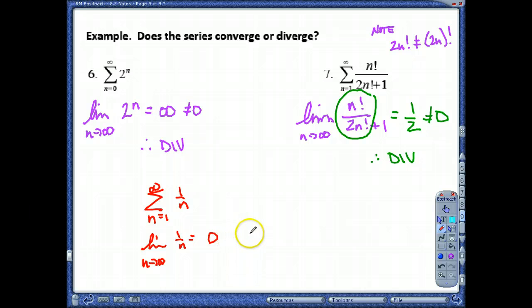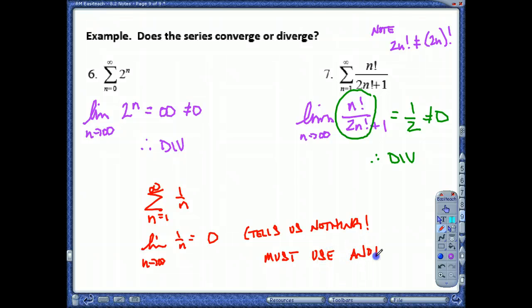Okay, this tells us nothing. Which means I would have to perform a different test to determine whether it is divergent or convergent. Literally, I can make no assumptions at this point. Okay? All right.